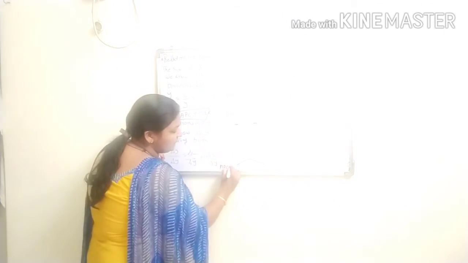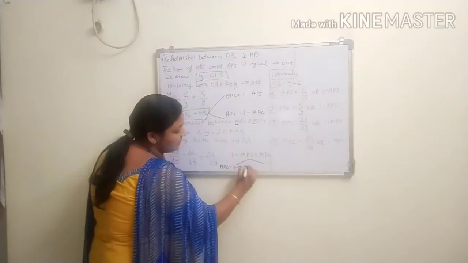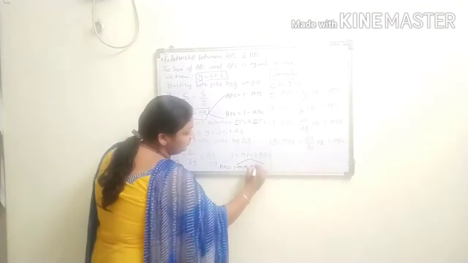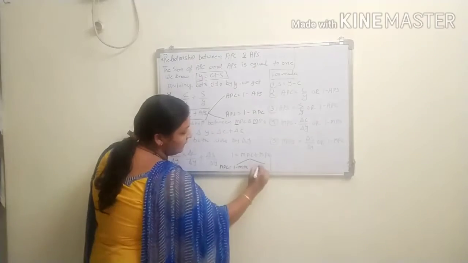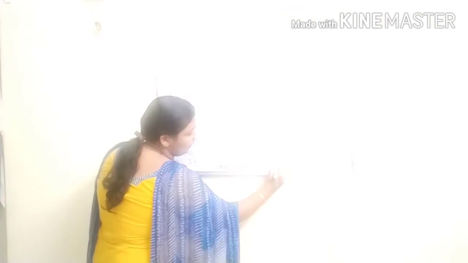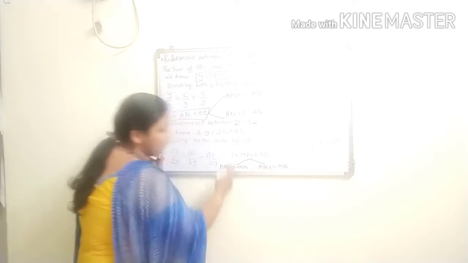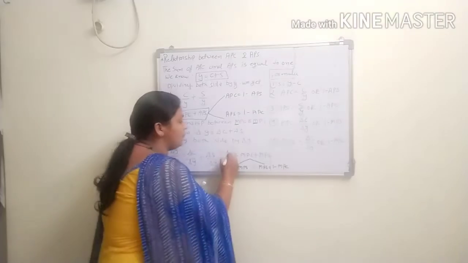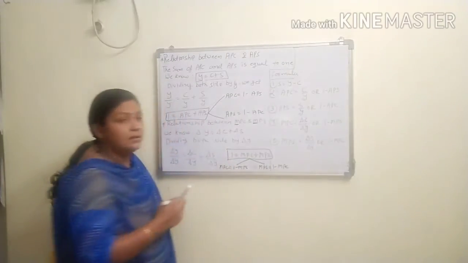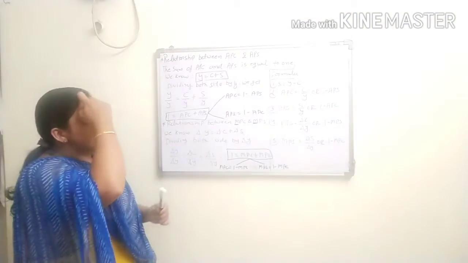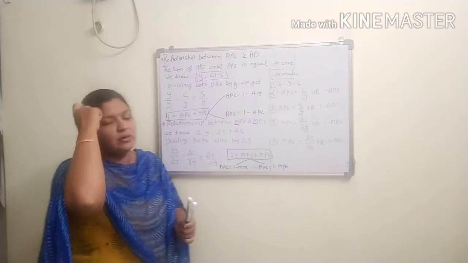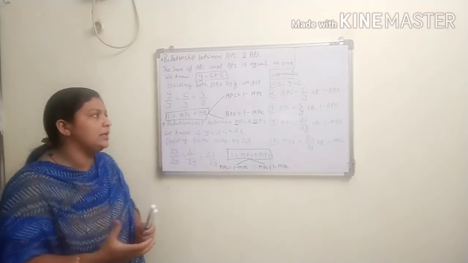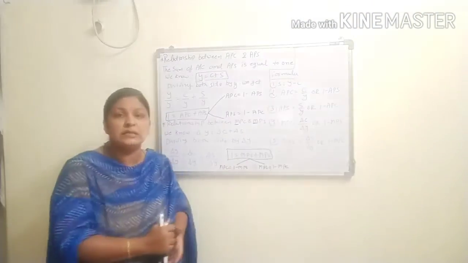First, MPC equals 1 minus MPS, and second, MPS equals 1 minus MPC. These two formulas are derived with the help of this formula. Clear? Now we see all the formulas related to saving, consumption and income.